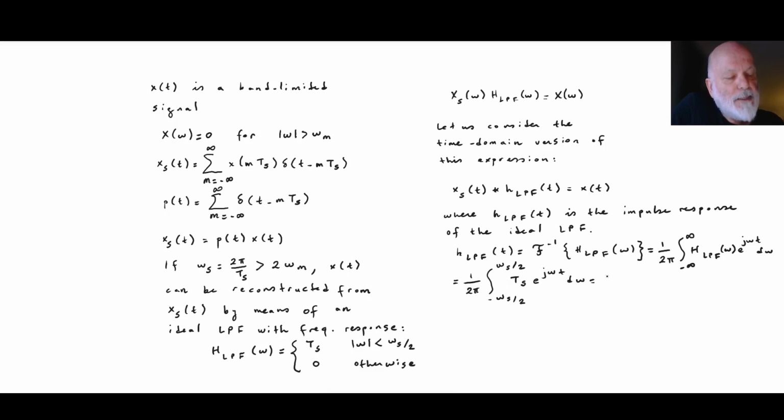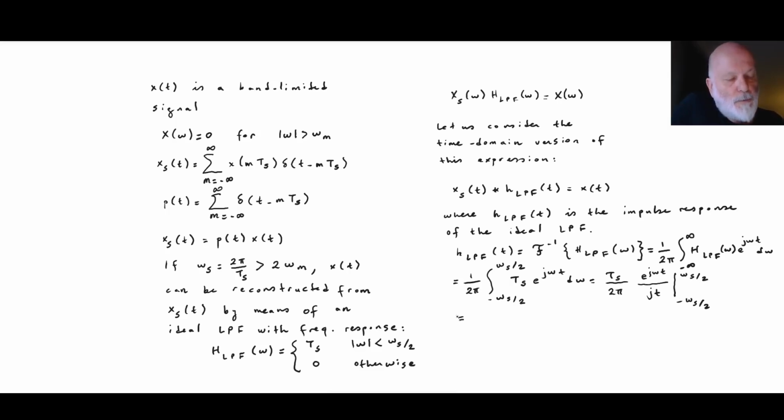So Ts can be taken outside the integral, Ts over 2 pi, and the integral of e to j omega t with respect to omega is e to j omega t divided by jt, evaluated at minus omega s over 2 and omega s over 2.